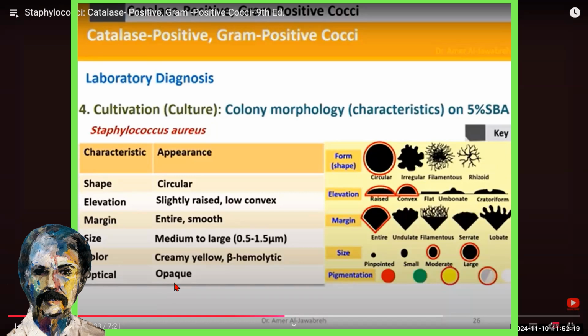Very dark doesn't mean it's black, but you cannot see through it. So these are 1, 2, 3, 4, 5, 6 characteristics that give us the shape and the morphology of the colony. These come through experience. You have to see S. aureus many times in a lab with a good load of work. That's S. aureus. Let's see how it looks.